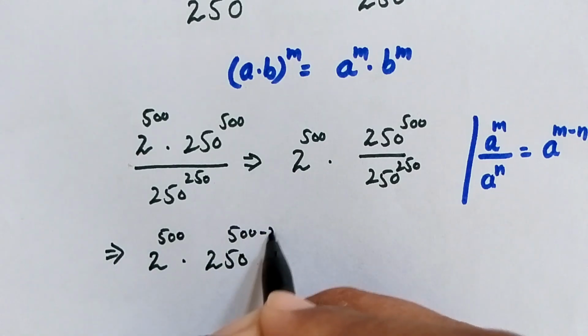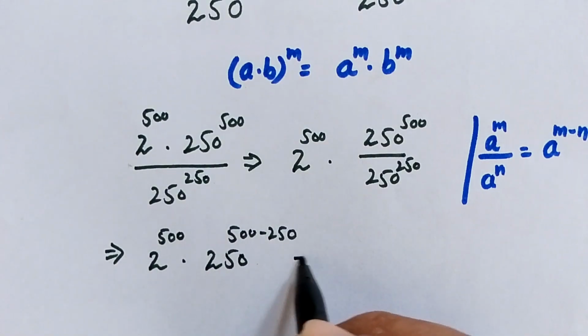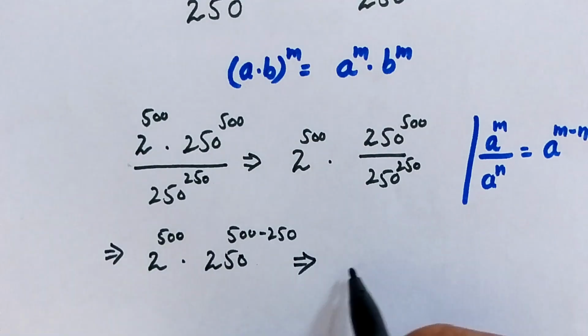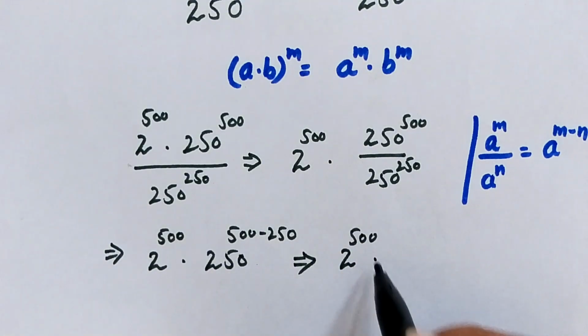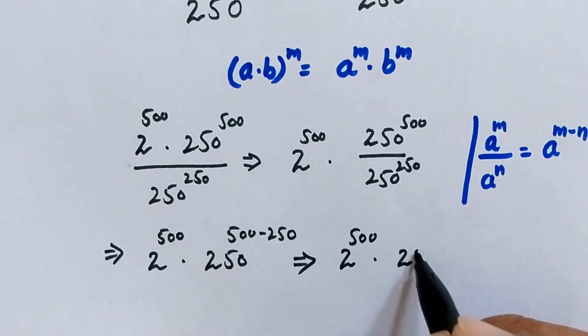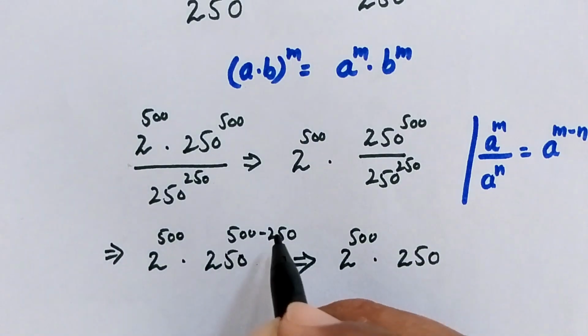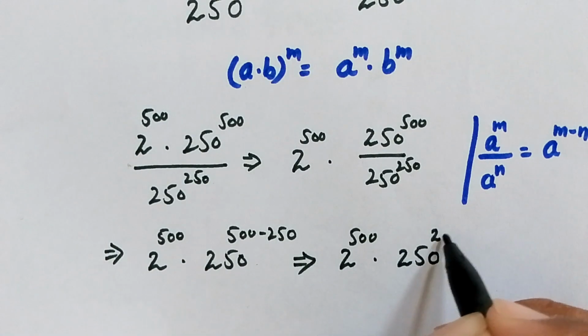So 2 to the power of 500 times 250 to the power of 500 minus 250, which is equal to 250.